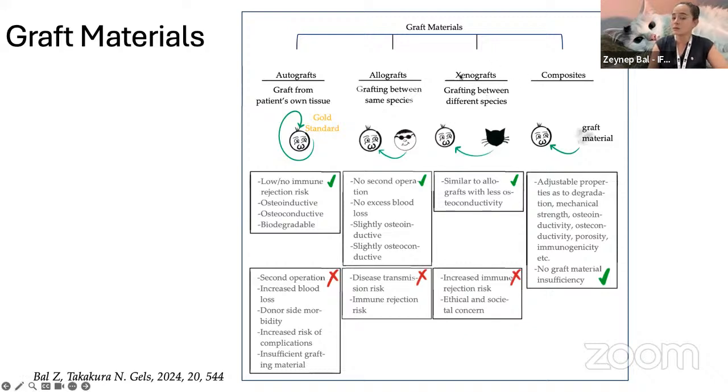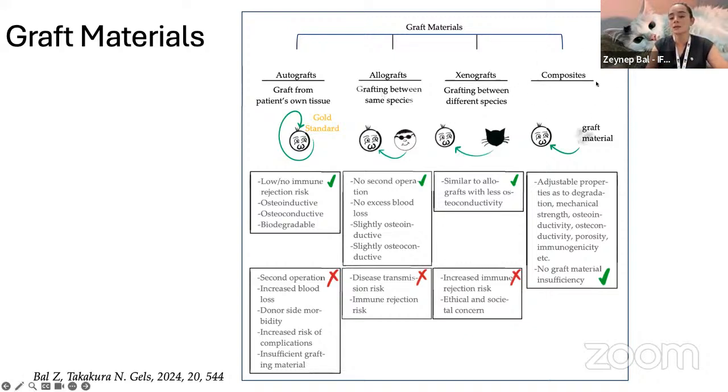The xenografts are also used, but it is grafting between species, like porcine grafts. It will increase the rejection risk more, and there are some ethical and societal concerns. The main problem about allografts and xenografts is the banking. Banking is really expensive and not very widespread.